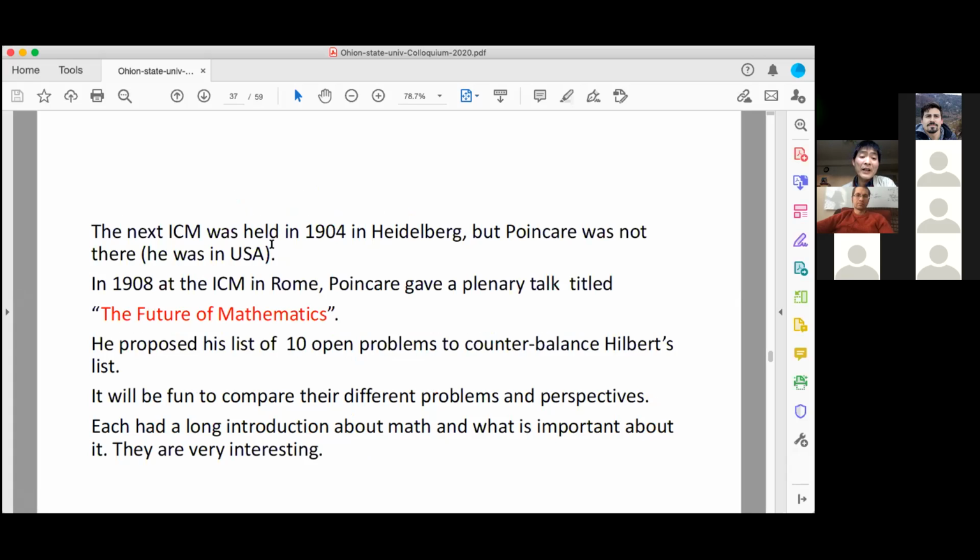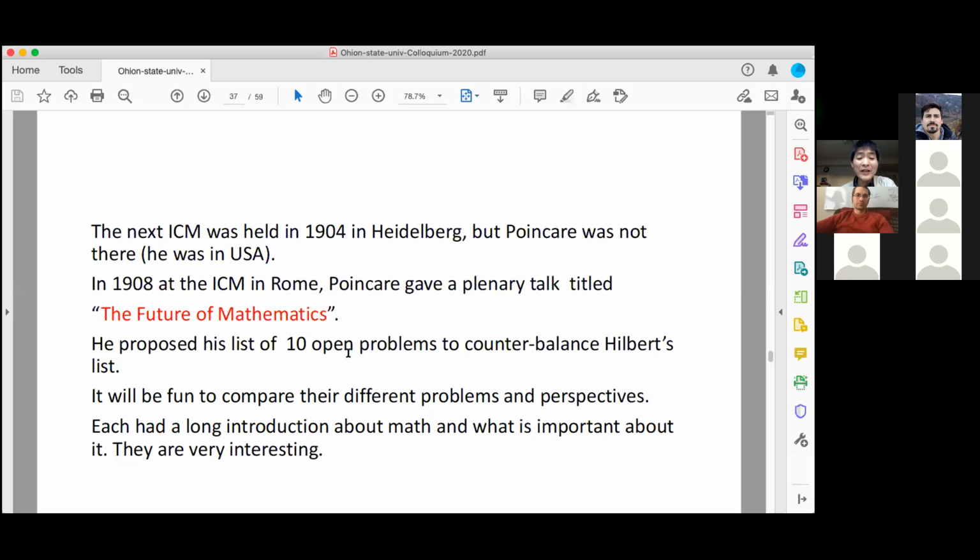The next ICM was held in 1904 in Heidelberg, and Poincaré was not there. Actually, he was in the USA. In 1908 at ICM in Rome, Poincaré gave a plenary talk with the title "Future of Mathematics." He wanted to challenge Hilbert's point of view.